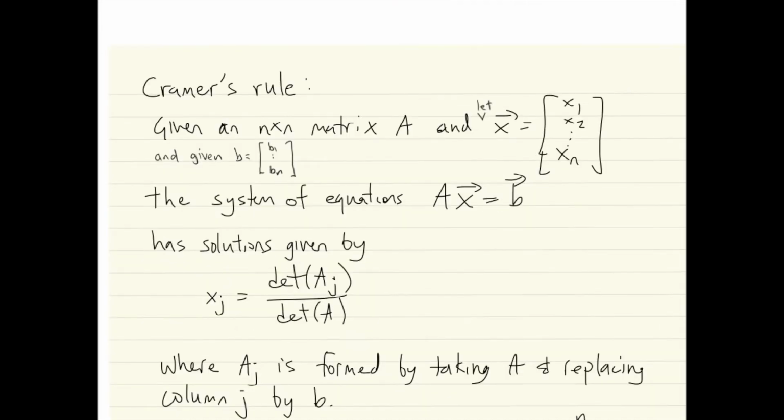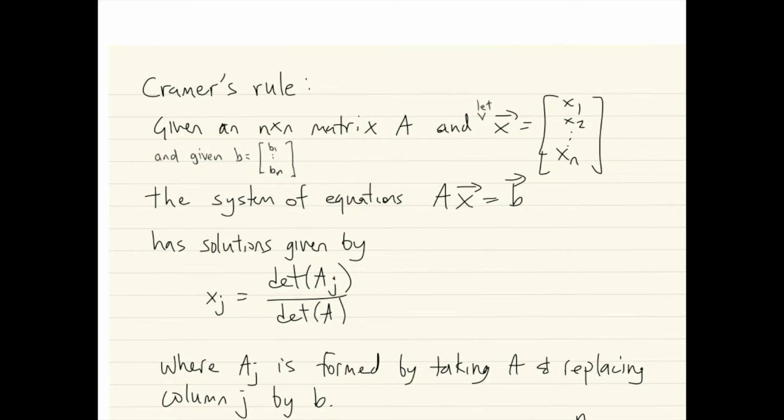Here's what Cramer's rule says in general: if you're given an n by n matrix A and also an n by 1 column vector B, then essentially what we're given is the system of equations Ax equals B, where x is this column vector.